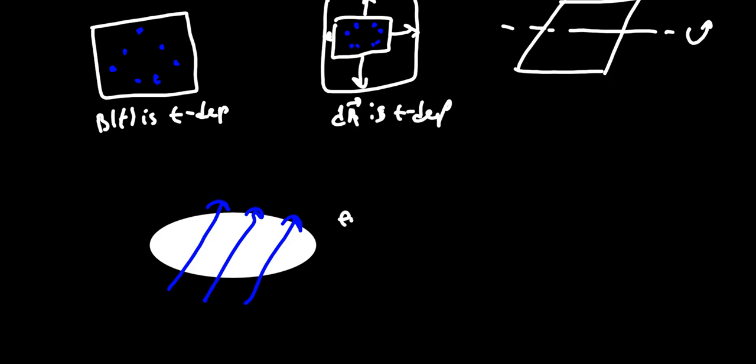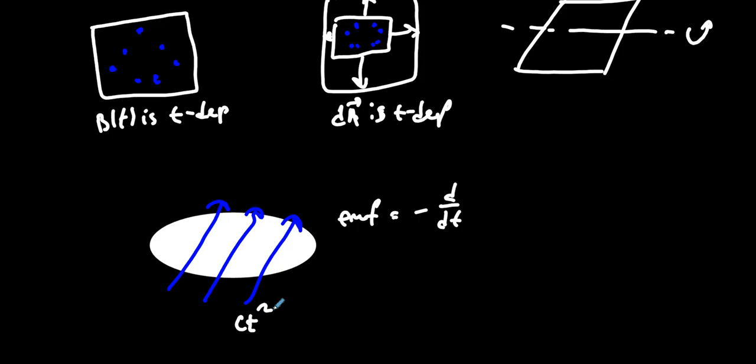So the EMF is simply going to be the negative derivative of, well, this field is represented by CT squared because our magnetic field is increasing over time.